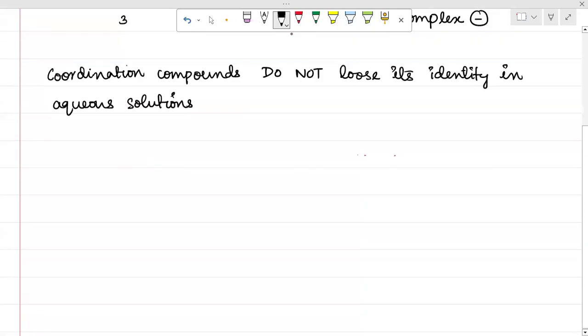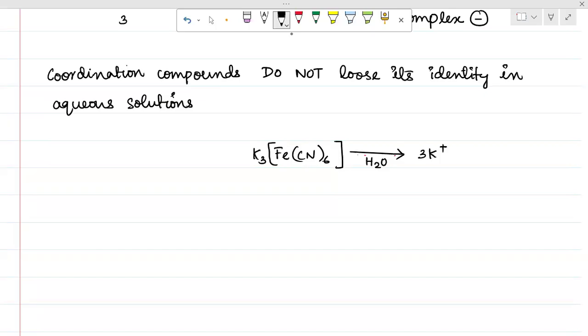What do you mean by that? Let's take an example: potassium ferricyanide, K3[Fe(CN)6]. The moment you put this in water, the way it will dissociate is the potassium ions will move freely, plus the coordination complex. There are 3 potassium, each plus, so to neutralize the overall charge, the complex is going to be 3 minus: 3 plus and 3 minus. This is how it is going to exist.